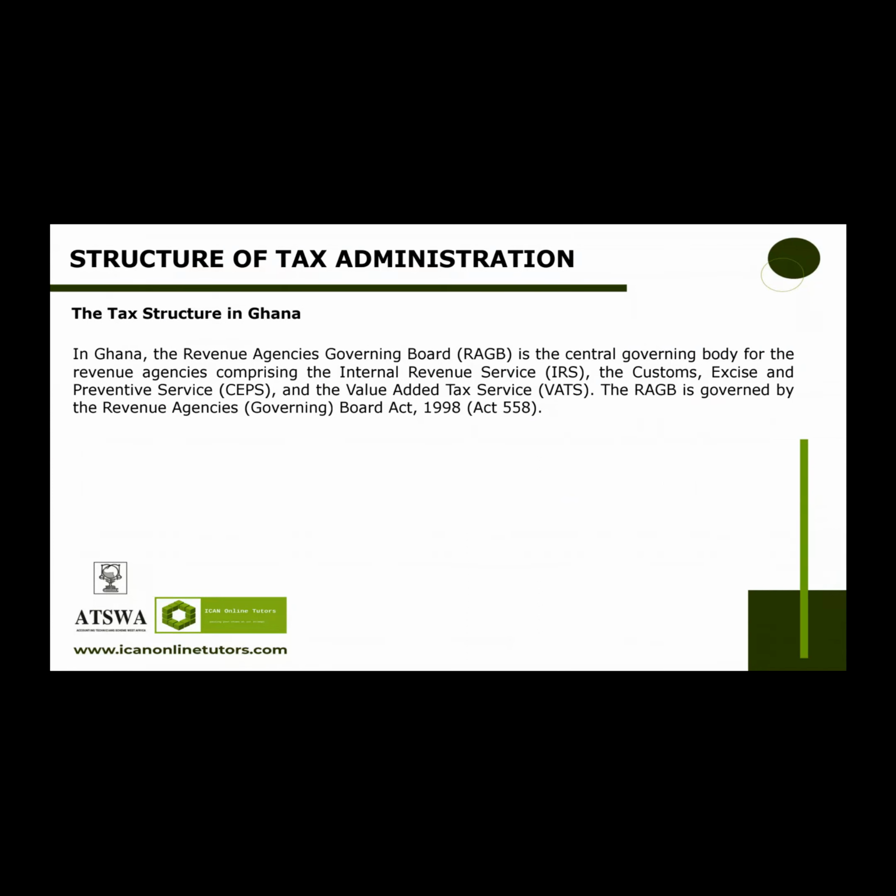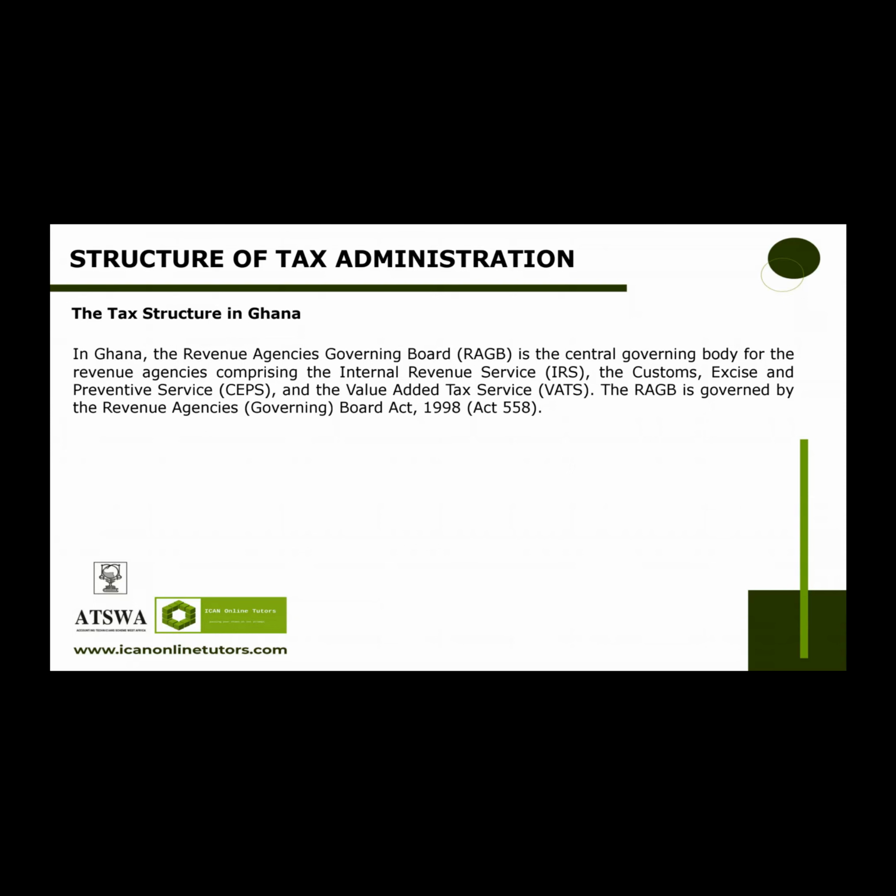Unlike what we practice in Nigeria, a decentralized system of administering taxes. Yes, in our last class we discussed that in Nigeria we have, at the federal government level, the Federal Inland Revenue Service.